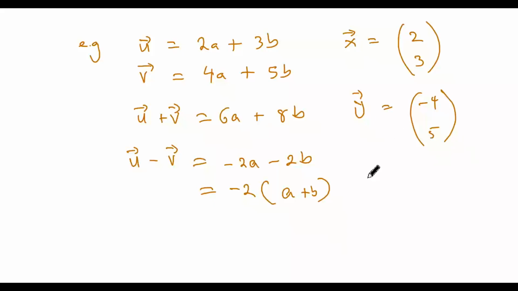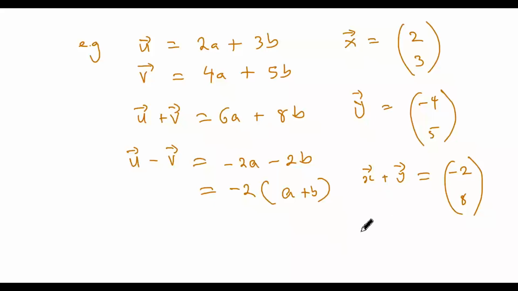So let's find vector x add vector y. When you add them as column vectors, it's still the same thing. It will be 2 add negative 4, that will be negative 2. Then 3 add negative 5, that will be negative 8. So this will be the result in the form of column vectors.